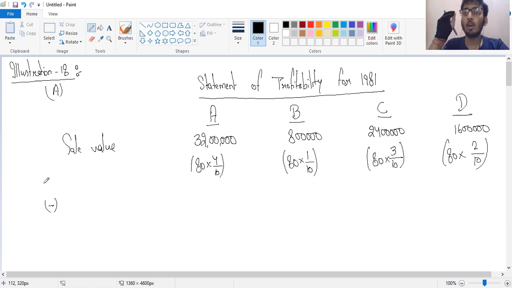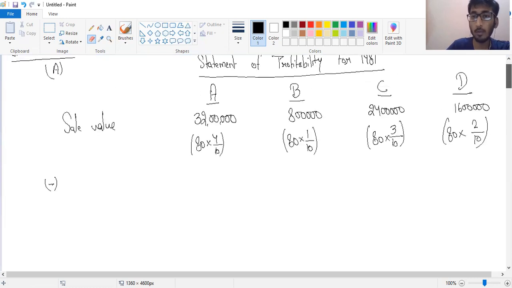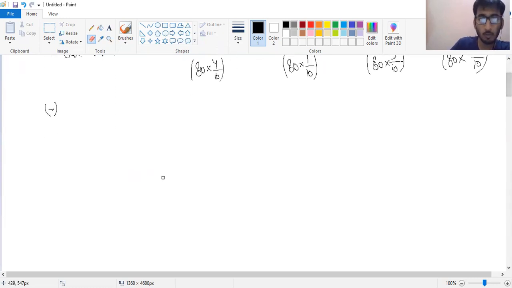Now we are not given anything about the variable cost, but we are given the PV ratio. So what we can do is directly calculate the contribution.